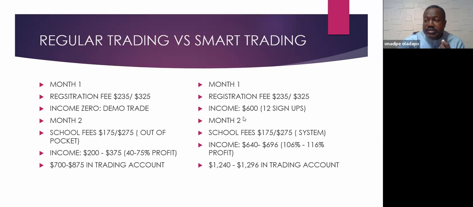For the person who is smart trading, his income is, look at the difference, $640 to $696. And that is 106% to 116% profit. So while the regular trader makes 40% minimum, this person makes over 100%.